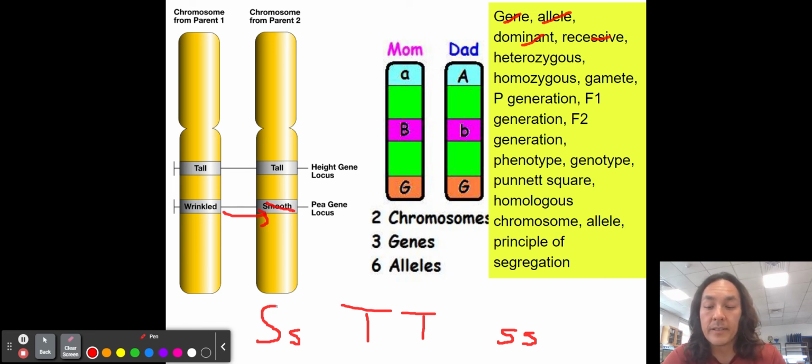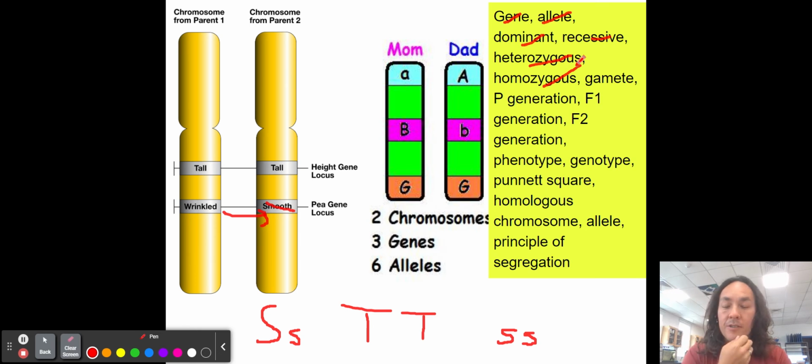So the wrinkled protein is either beat out in a pathway, or the smooth adds up to this phenotype, but they'd actually be making both proteins. Just like here, it makes both tall proteins. Okay, heterozygous means 1 dominant, 1 recessive, or different alleles. Homozygous, the prefix homo means the same, so here this would be 2 dominant alleles.